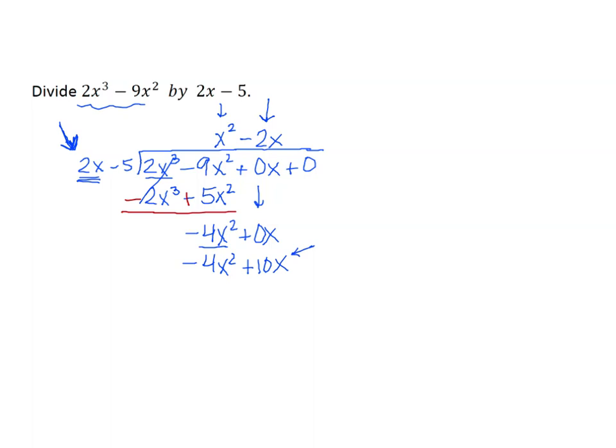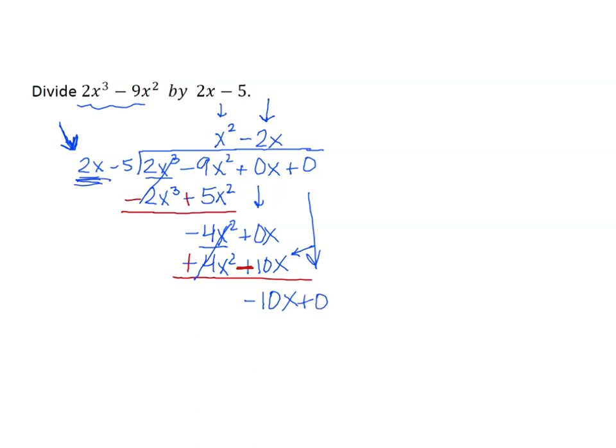All right, my favorite part, draw the line, change the signs. When I'm adding my like terms, the x squared terms cancel out. And here I have a 0 and a negative 10, so that will add together to give me negative 10x. Bring down my last term.